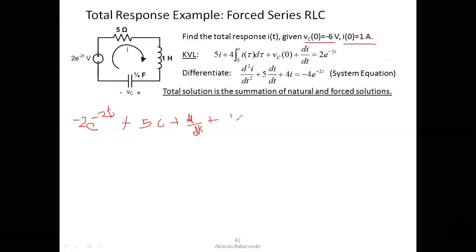So you have 1 over C integral from 0 to t here, because if you're moving from 0 to t, that means we're going to have an initial charge somewhere.